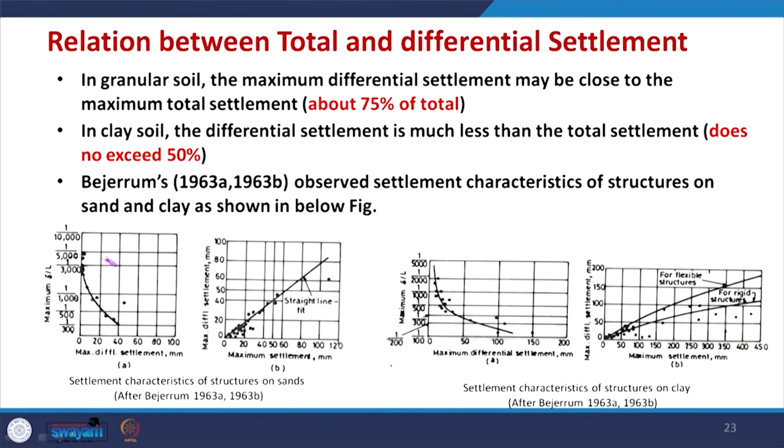So, the allowable settlement could be higher for clay compared to sand, and the simple reason is that for clay we expect the settlement to be more uniform rather than differential. So, in case of clay, more settlement can be permitted compared to sand.